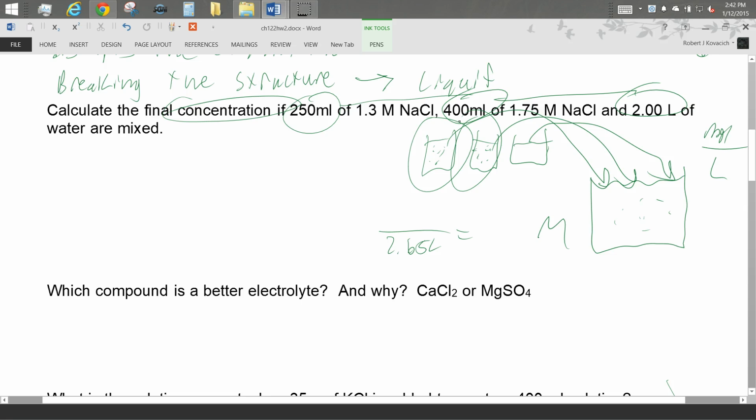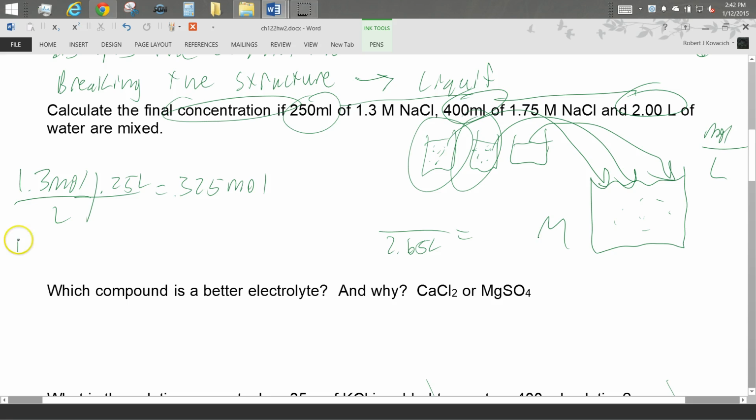I've got 1.3 moles per liter, and I've got 0.25 liters, and so that is the number of moles in that first container. So what do we got there? 1.3 times 0.25, about 0.325. So I have 0.325 moles of sodium chloride in that first container.